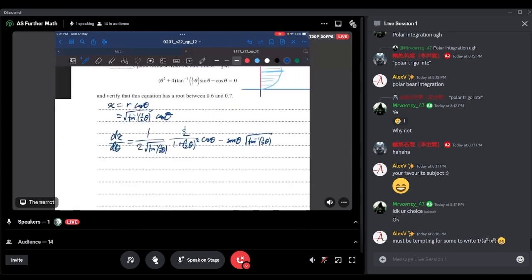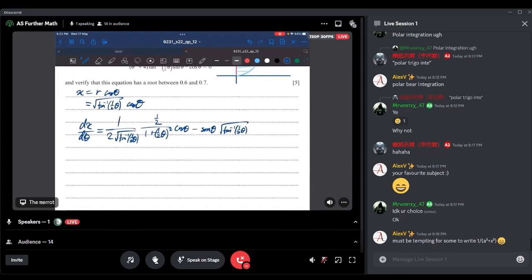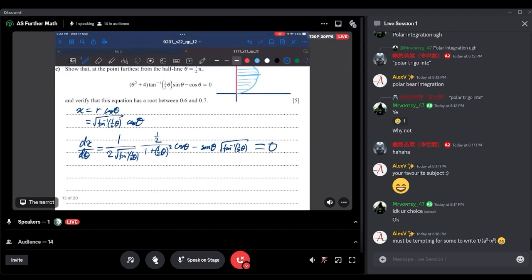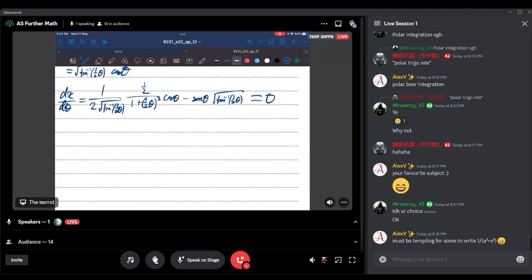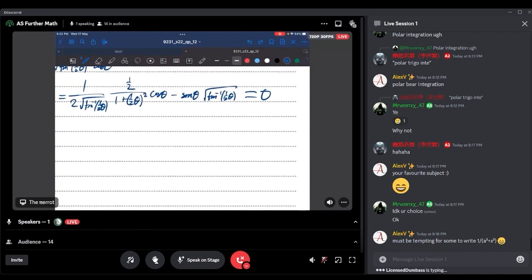Since we want to find a stationary point, equate it to 0 here. And good luck in solving. Well, actually, it's good luck to me because I have to do it. Right, so we just have to care about this part here. From here, we can see that if I multiply by square root of tangent inverse, that'll make things nicer.